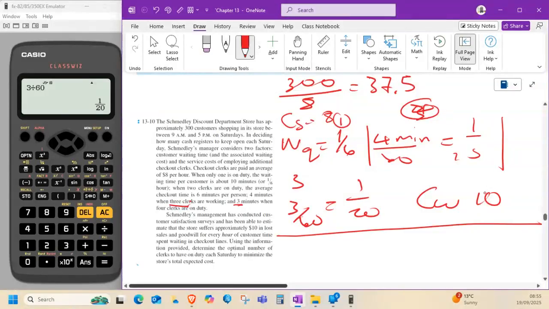Using the information provided, determine the optimal number of clerks to have on duty each Saturday that minimizes the total expected cost.